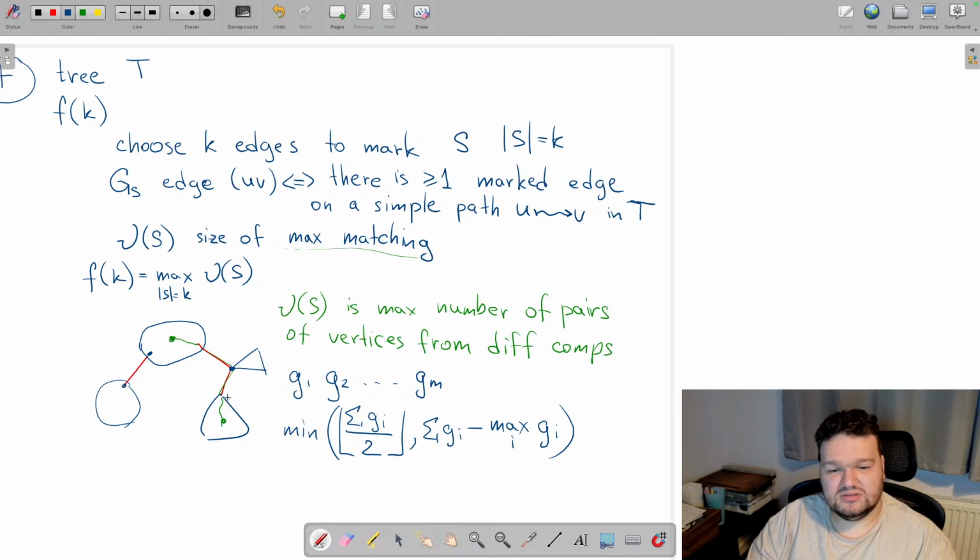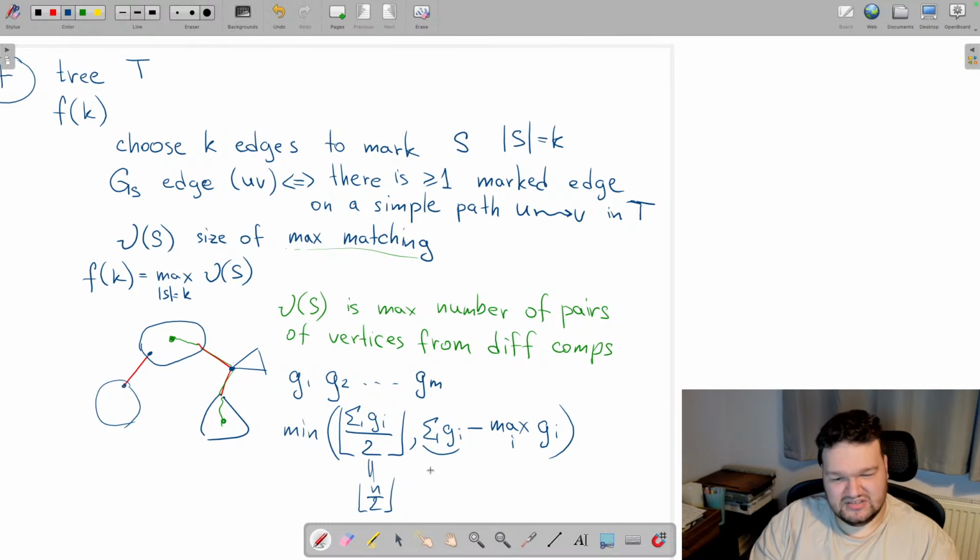Okay, so to recap, for every k we want to choose k edges, then cut those k edges, calculate the sizes, and we want to maximize this thing. So this is just n over 2. The total size of all the groups is just the number of vertices in the graph, so we cannot affect this.